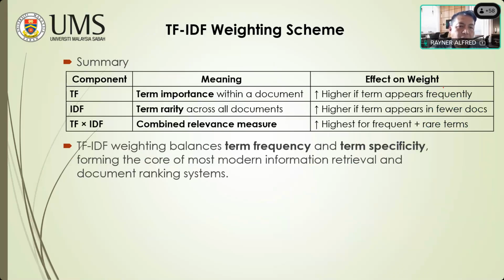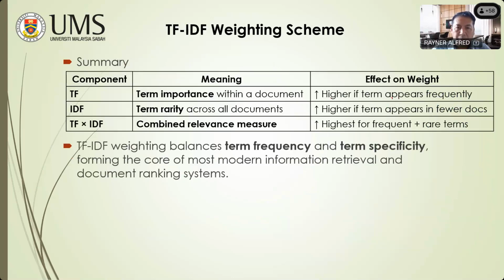We refer to the number of documents that contain that particular term. If it exists in fewer documents, it is more specific, thus it will have a higher value. So together, these form the TF-IDF. They balance term frequency and term specificity.